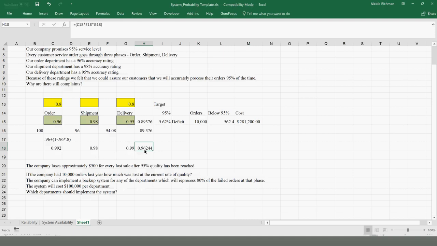And certainly we can see now that we're above our 95%. We're at 96.2%. So we're not going to be absorbing any cost of being below 95%. And we're actually going to be saving $81,000 because it's only going to cost us $200,000, $100,000 for each of these two.